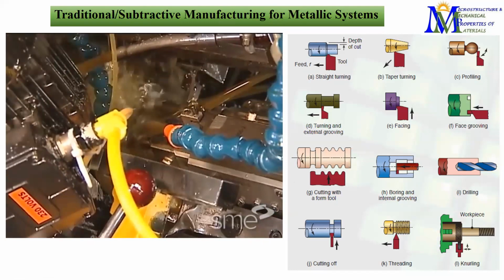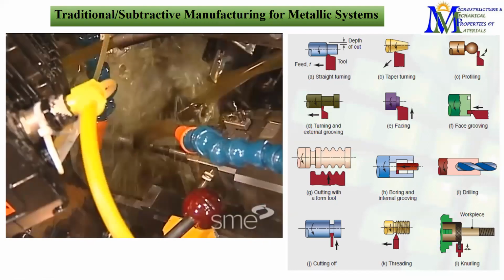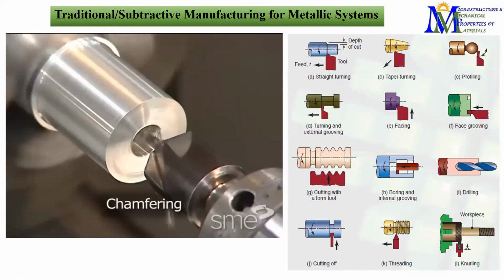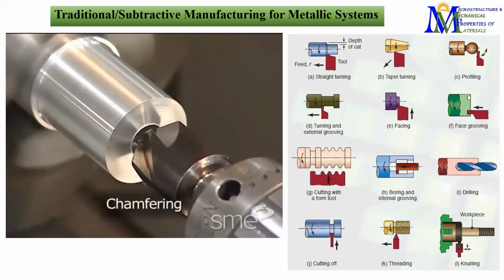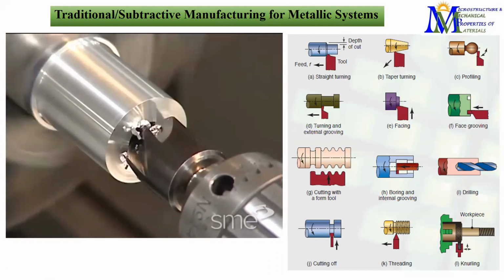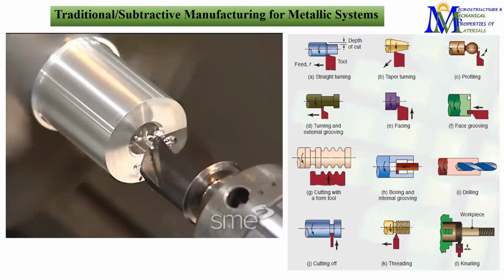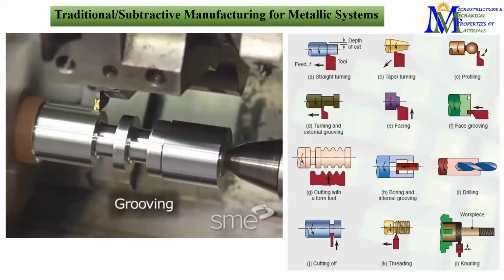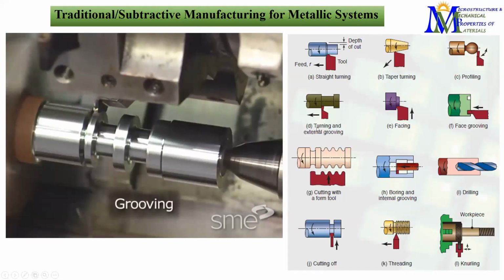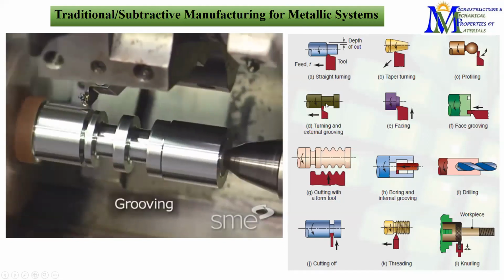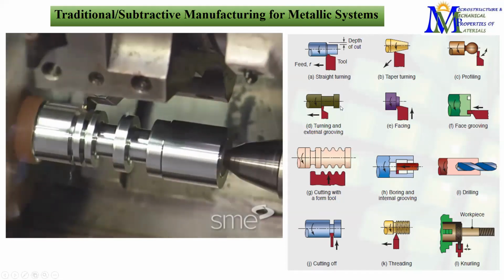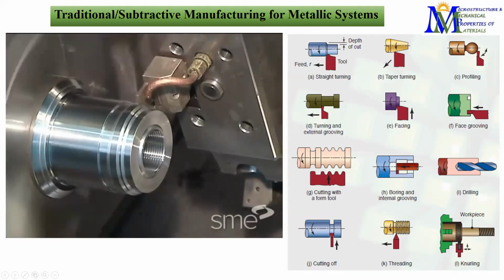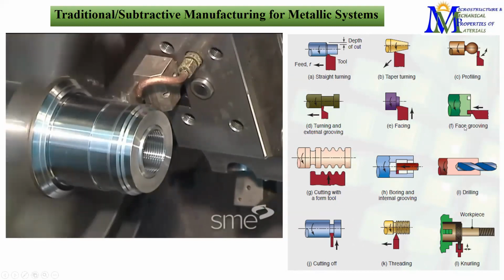Forming is commonly performed on automatic screw machines. Chamfering eliminates sharp corners from a workpiece and is a good safety measure. Typically, chamfering breaks corners at a 45-degree angle. Grooving creates a groove or recess using a tool that is usually the size and shape of the required groove. Some grooving tools can also widen a groove by traversing side to side after plunging into the workpiece.